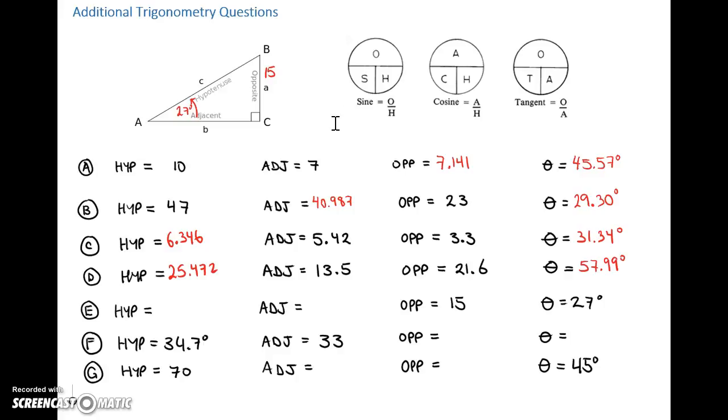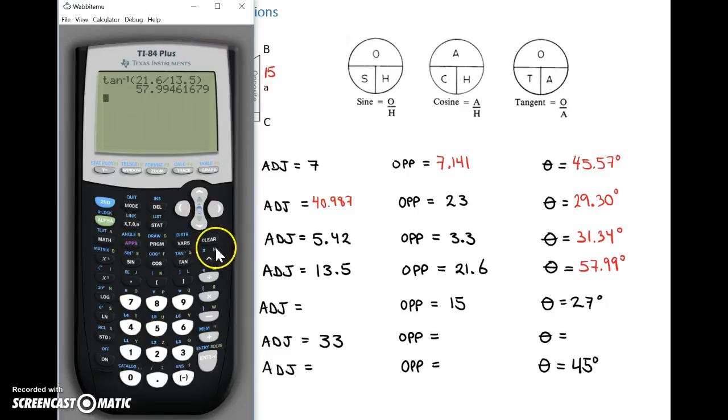Okay, so now we're going to find the adjacent. Well, if we're looking for the adjacent and we know the opposite and we know the angle, we could use tan in order to find that guy, right? So in that case, let's bring up the calculator here. We've got the opposite of 15, and we're looking for the adjacent, so opposite divided by tan of the angle.